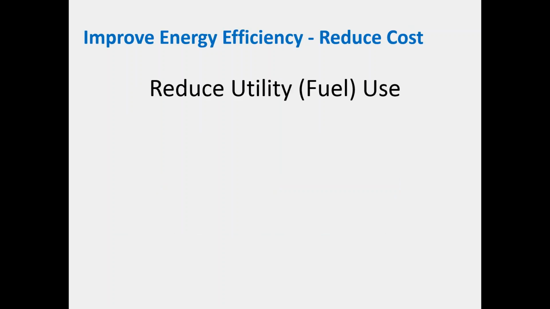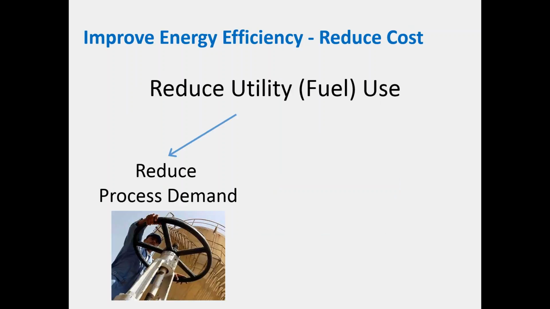Okay, so we can really summarize this in two ways. If we want to reduce our utility or our fuel use, there's really only two ways to go about this. One, we reduce our process demand. So we look at, do we need to heat the streams to the target temperature, and do we need that amount of volume or mass in our process streams?